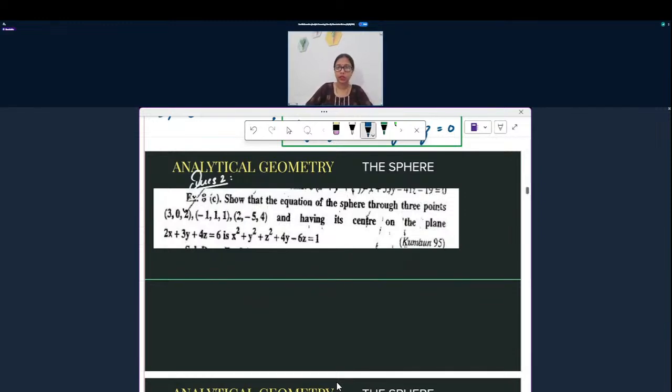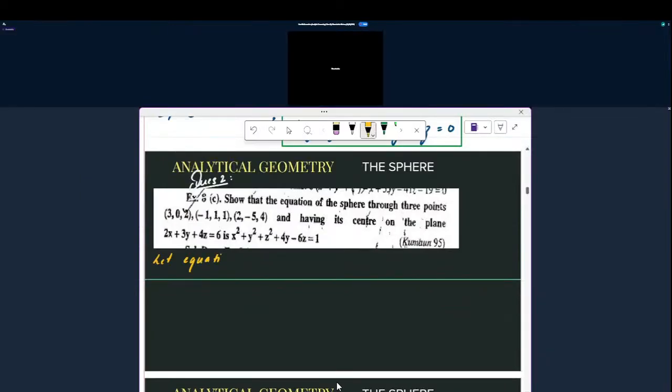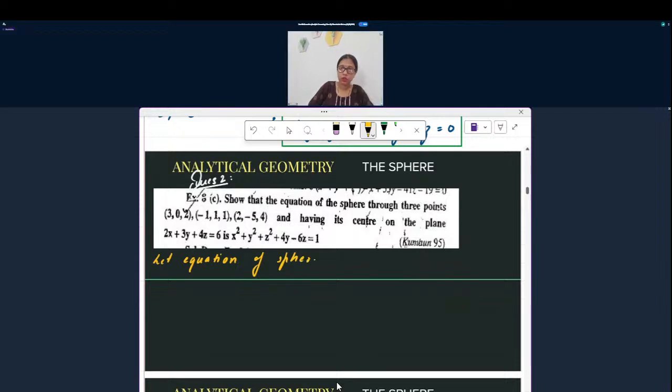Okay, so let's start. Let the equation of the sphere be x square plus y square plus z square plus 2ux plus 2vy plus 2wz plus d is equal to 0.